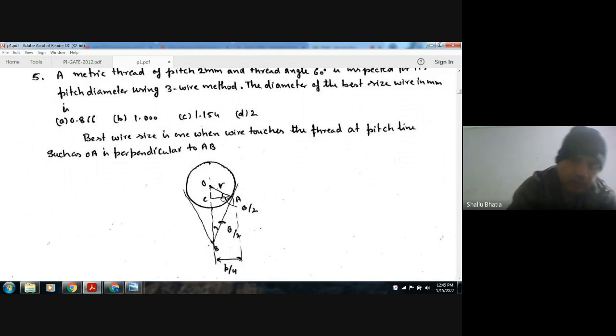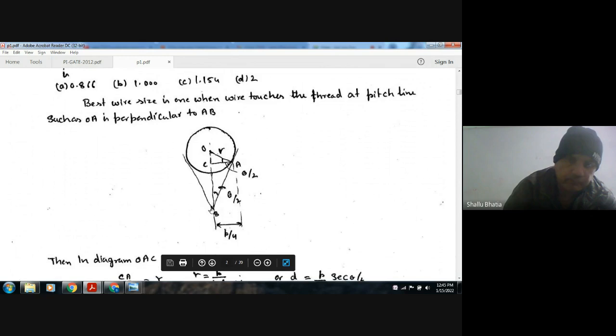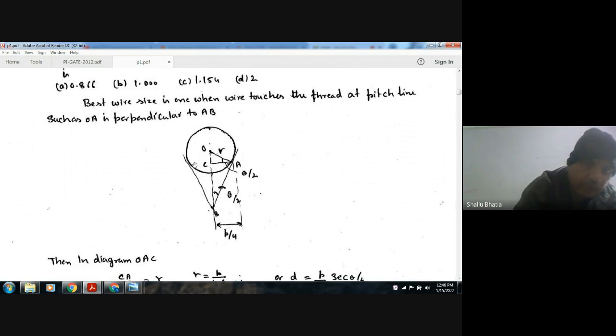Okay, now we have pitch as 2 mm, and the pitch is the distance between corresponding points on the threads. If this is p by 2, then this will be p by 4, because here it is p by 2, so p by 4 and p by 4, and these are not corresponding points; the corresponding point will be the next thread.